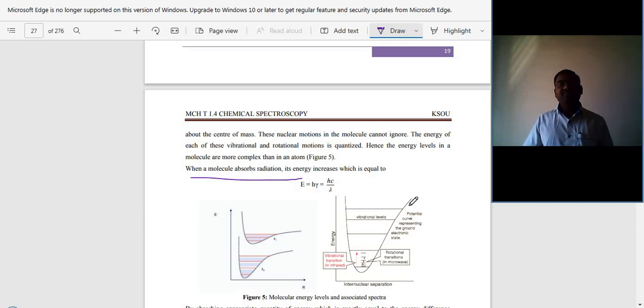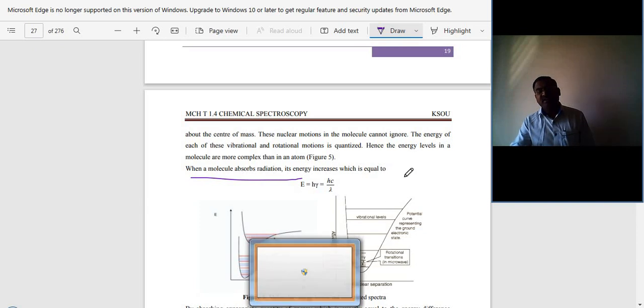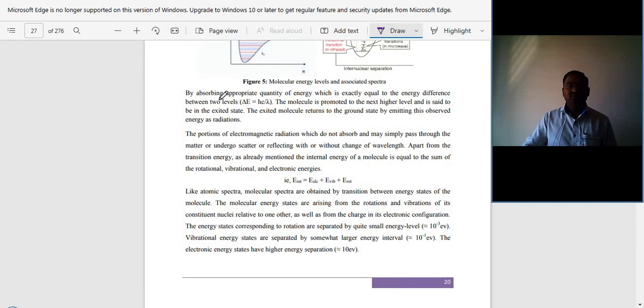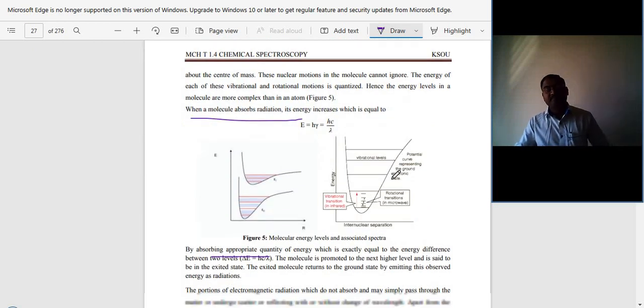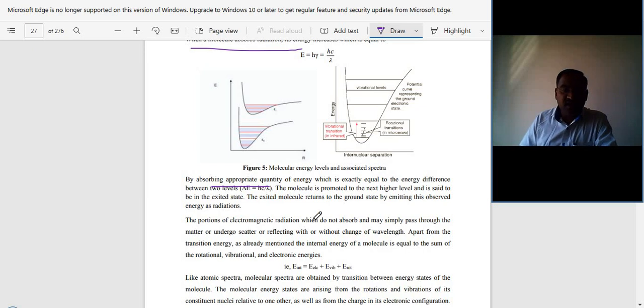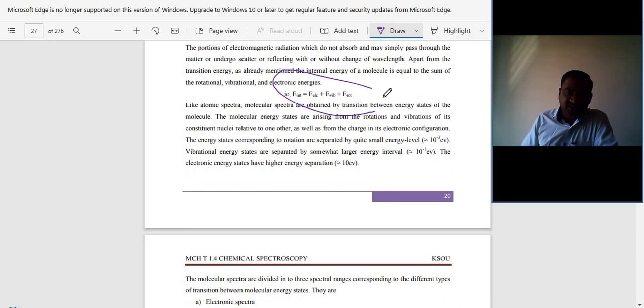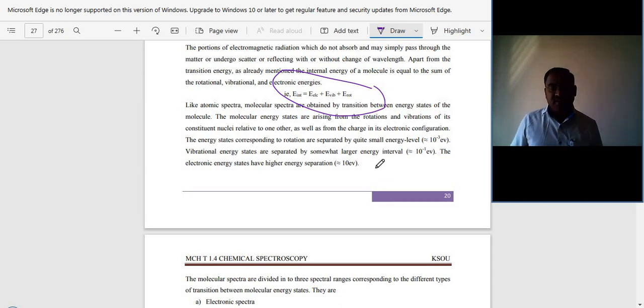The molecule increases its energy by absorbing an appropriate quantity of energy, which is exactly equal to the energy difference between two levels. The internal energy is equal to the sum of the electronic, vibrational and rotational energy.